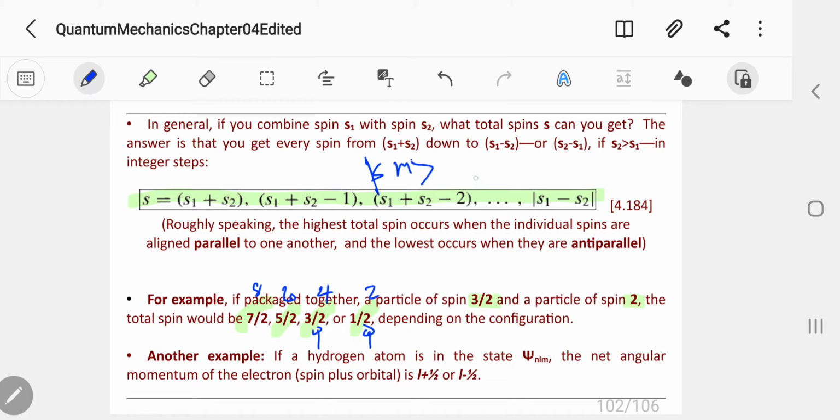And so if you have 5 here, and here you have 5, 0 is a state, 5, negative 4 is a state, a spin state, I mean. So there are 11 states for spin 5, for example. So that's it.